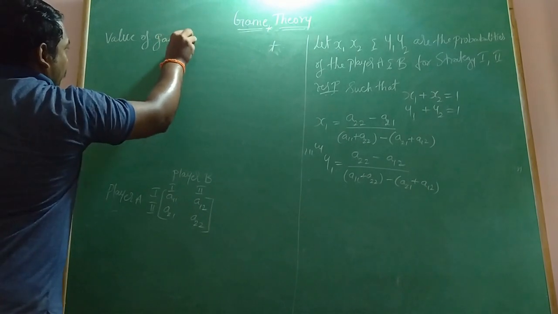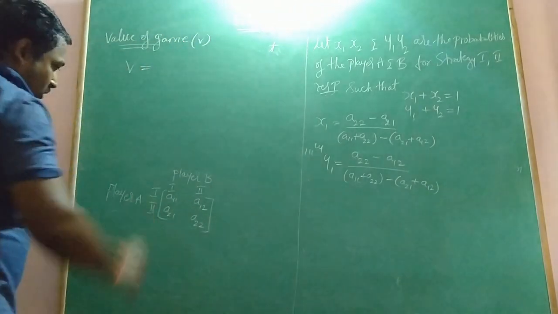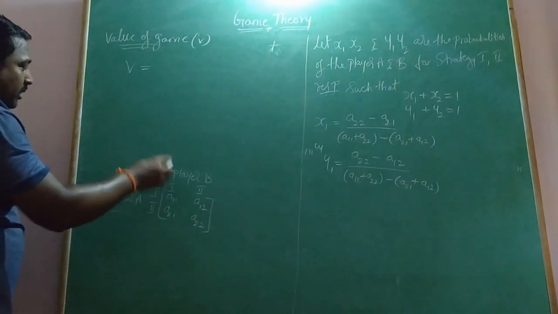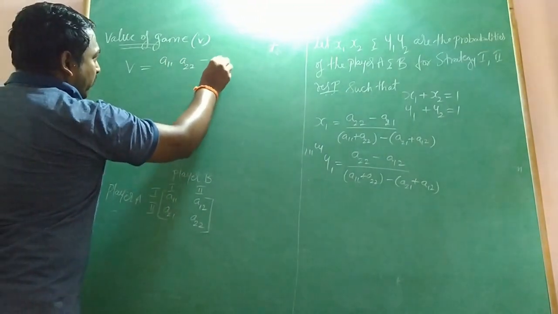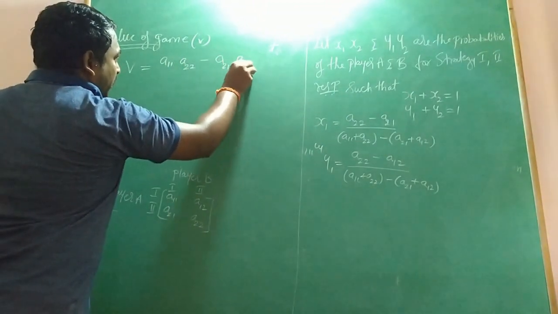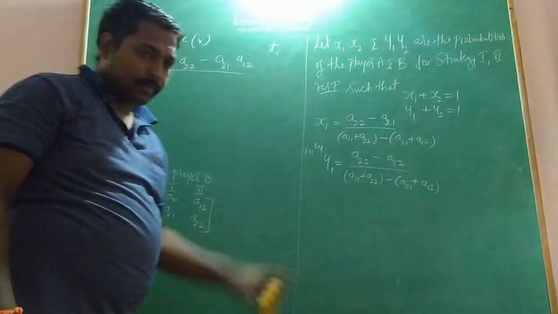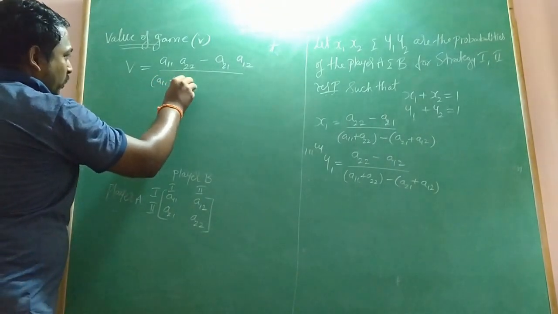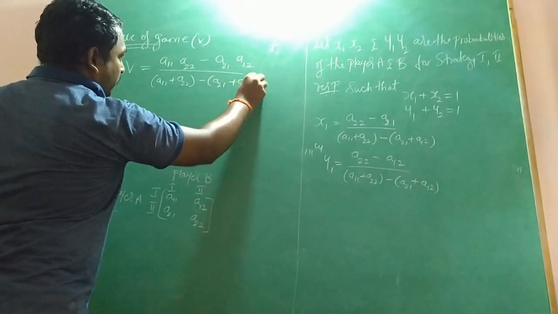Value of game is denoted by v, and it is given by the diagonal elements: you need to multiply a11 a22 minus a21 a12, divided by the denominator, which is a11 plus a22 minus a21 plus a12.